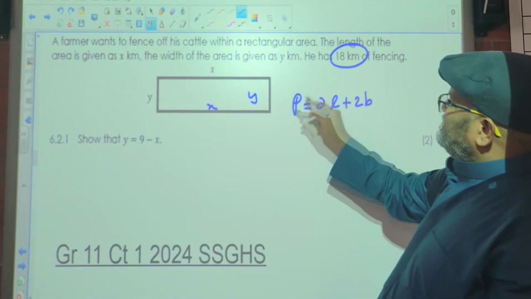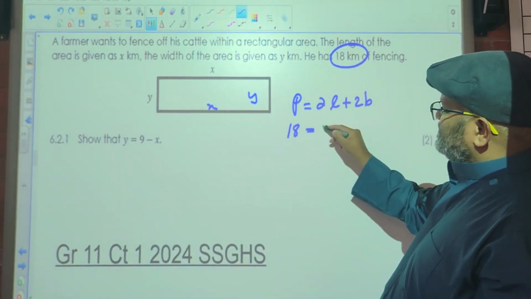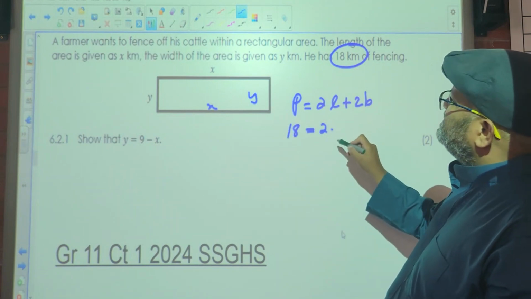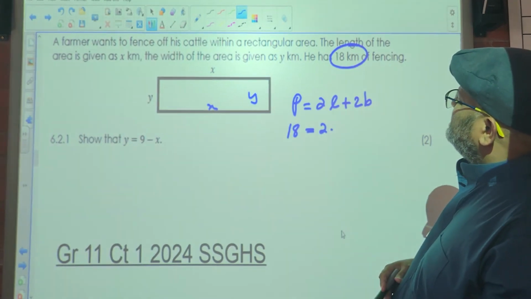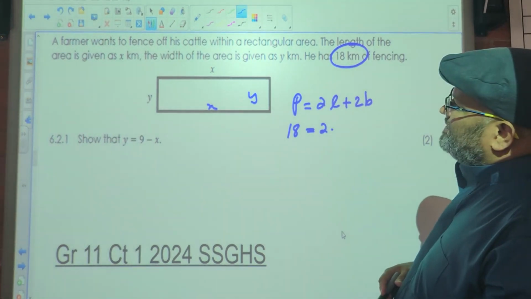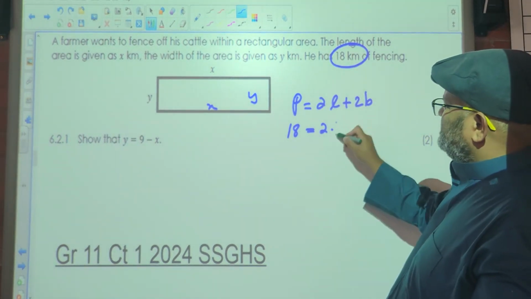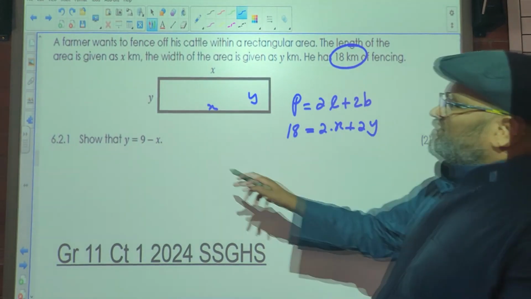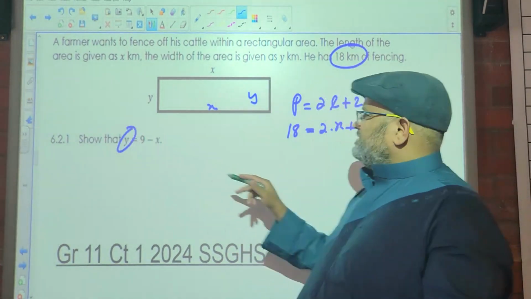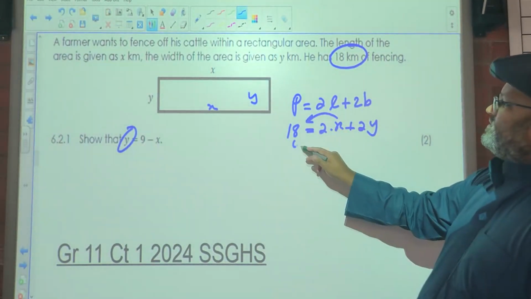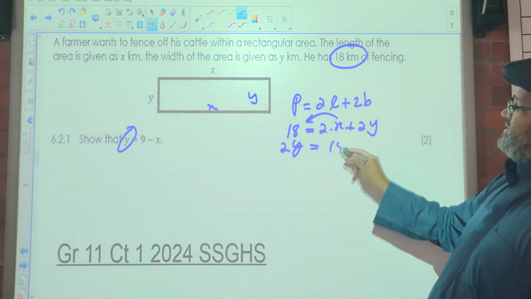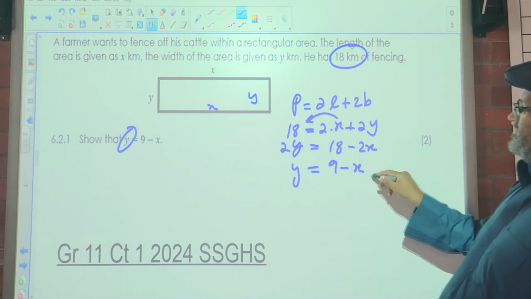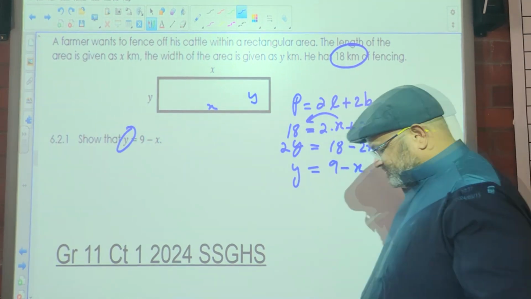So in this case, the perimeter is 18 is equal to 2 times your length of x, and your width of y. So as you can see, y is the subject of the formula here. So I take that over, so 2y is equal to 18 minus 2x, divided by 2 is going to give you 9 minus x. Not so?